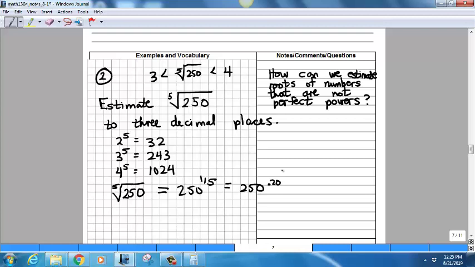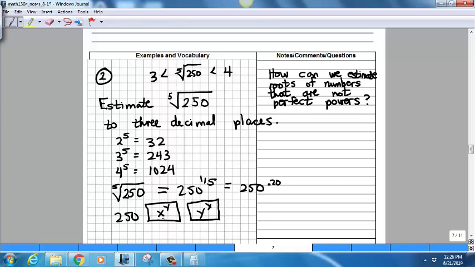On some of the older calculators, you might have a key that says x to the y power, or sometimes it's backwards, y to the x power.